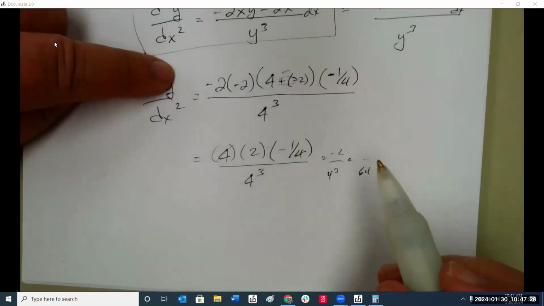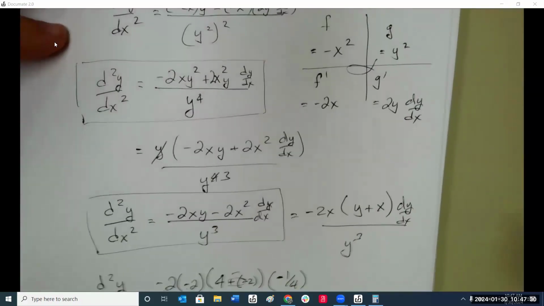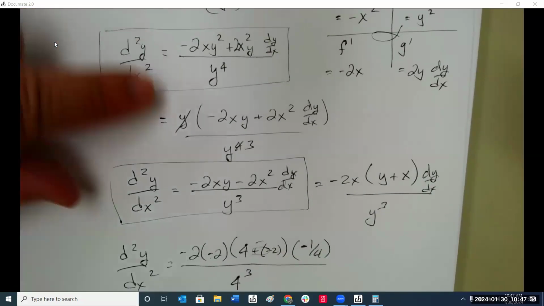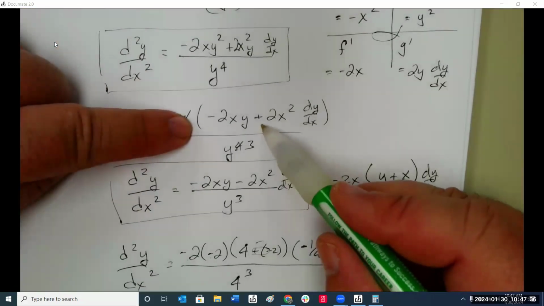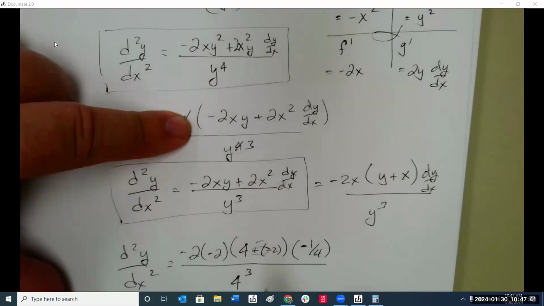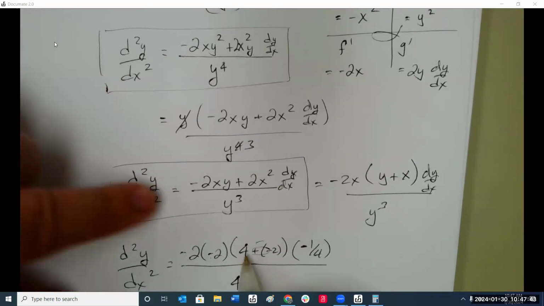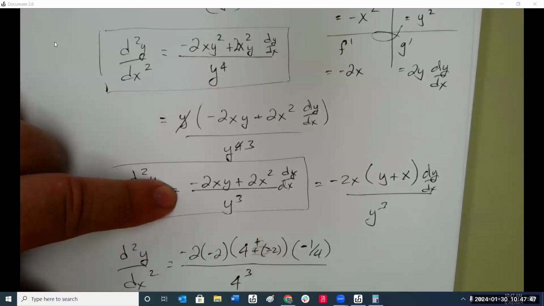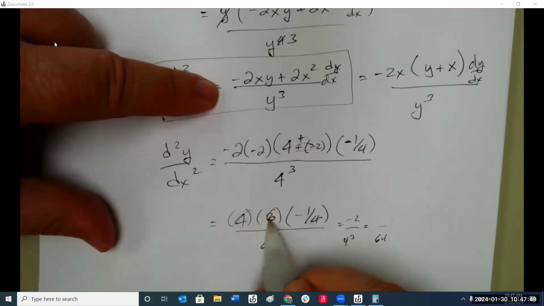Yes, can you check the sign? Yeah, it's negative 2xy, and there should be, I guess, plus 2x squared down there. Okay. So when I took out the negative 2, that should have been a minus, so it changed to a plus. So that should have been a 6.